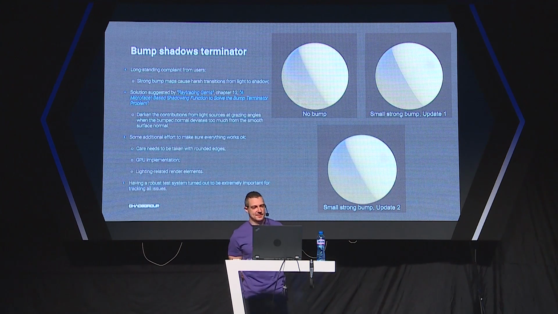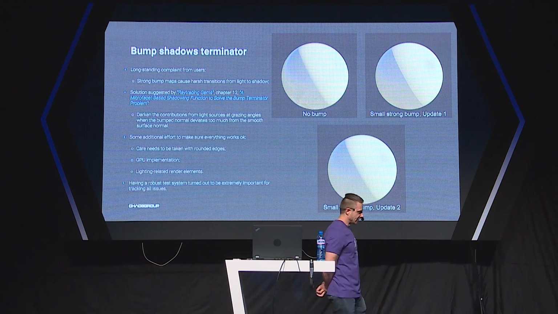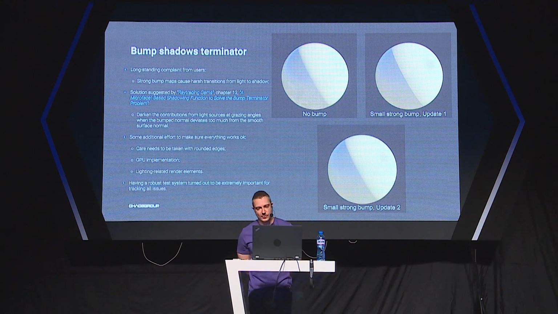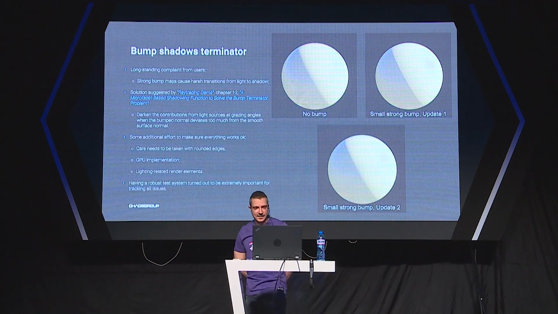And the idea is more or less simple. The contribution from light sources needs to be darker whenever the bump map is too strong. And this works really well. As you can see, the result here is really smooth.